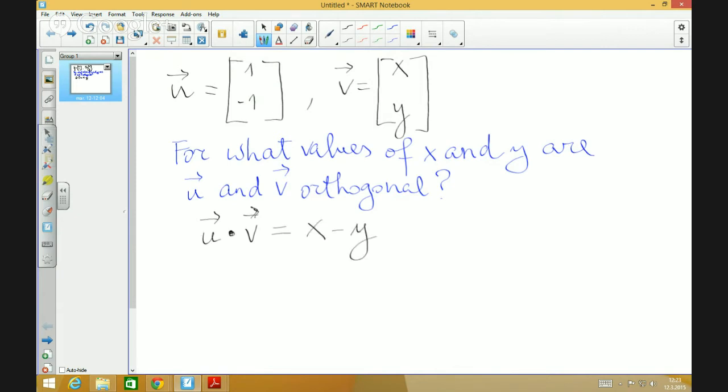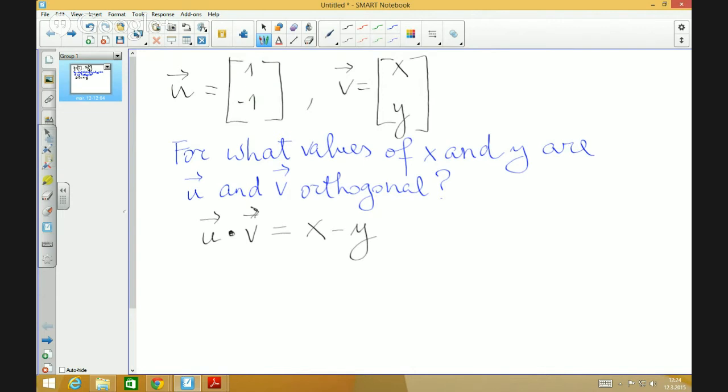This expression, which is a number, is going to be a real number once we plug in values for x and y, is the dot product of the two vectors. Why is that? Well, because the dot product is obtained by taking the product of the entries which are positioned in the first coordinate of the two vectors, 1 and x, that's going to give us x.